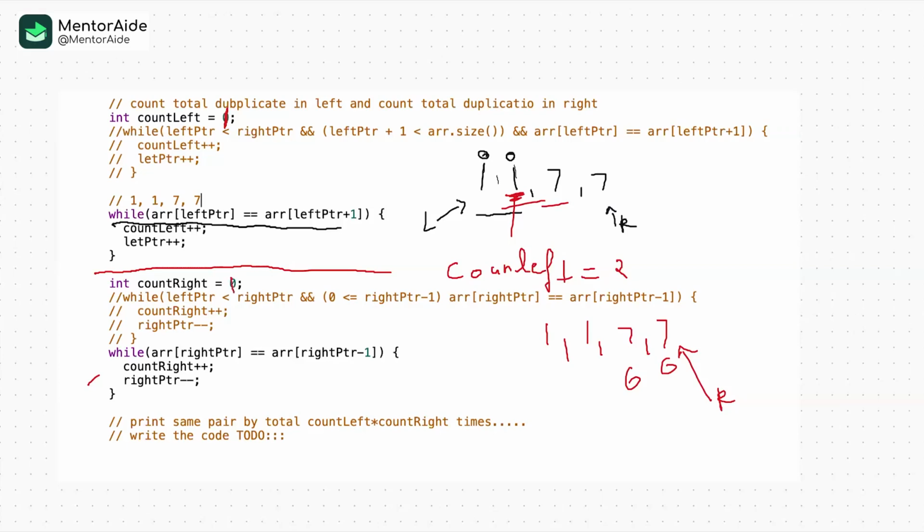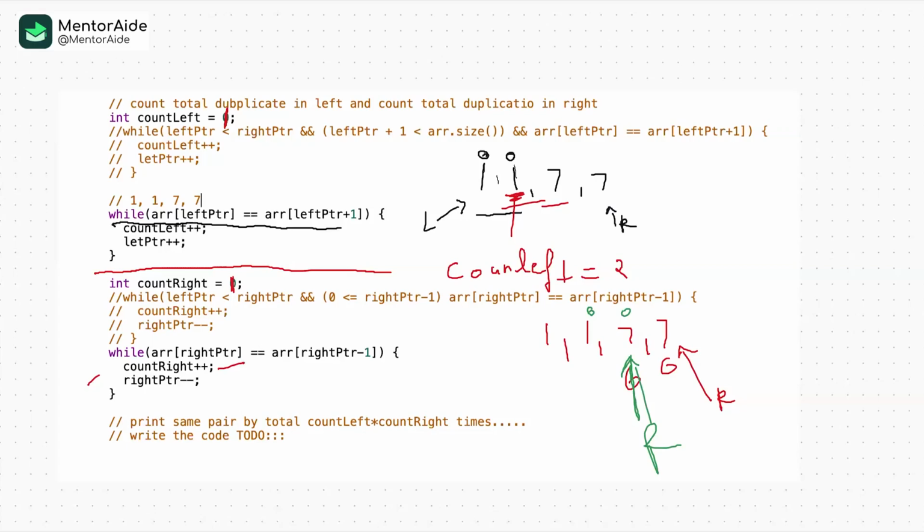So we are going to increment the count, and we are going to decrement the right pointer also. So the new place of the right pointer will be this one. Now again this while loop will run. Is this 7 equivalent to 1? No.